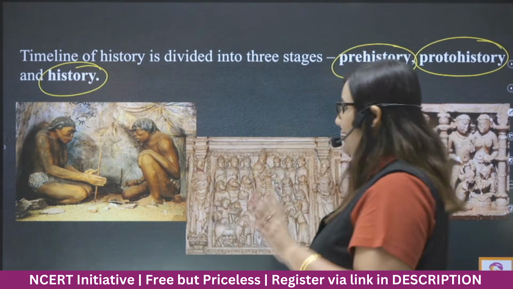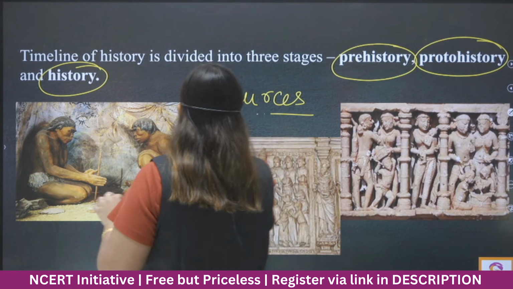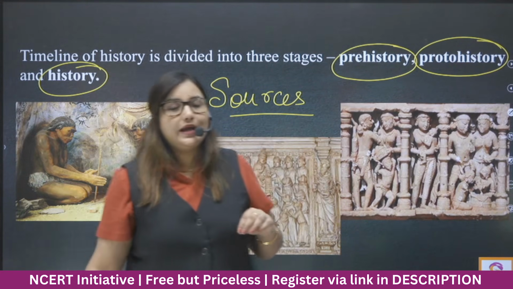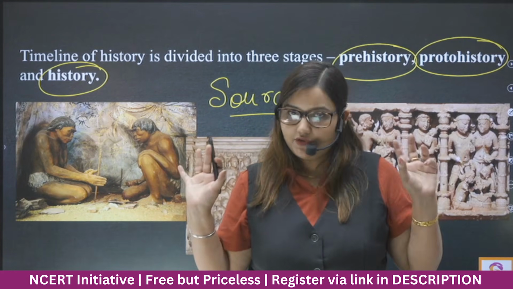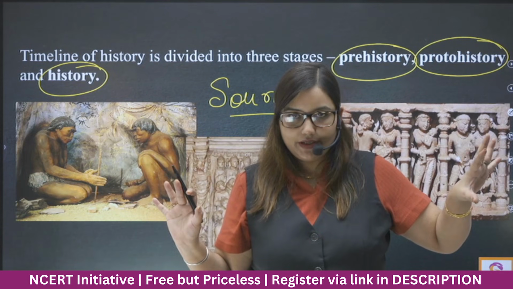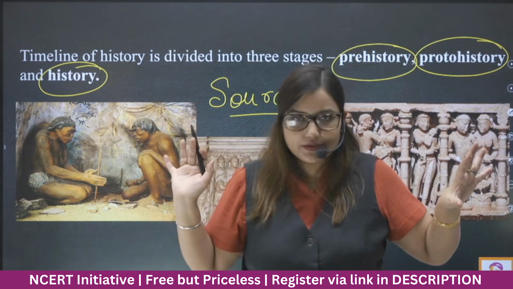So, if I say sources to know or read the history, we have basically 2 types of sources: archaeological evidences and written records, or literary records.